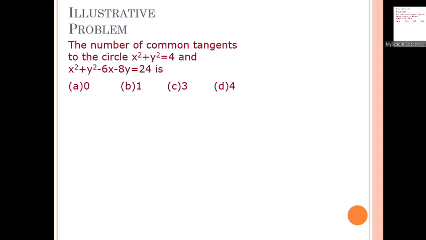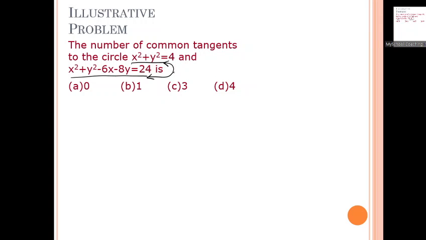ये प्रॉब्लम देखिए. You have to find the number of common tangents to these circles. How many common tangents are there to these circles? Okay, so how do you find the number of common tangents of the 2 circles? You just have to decide which case the 2 circles are in.